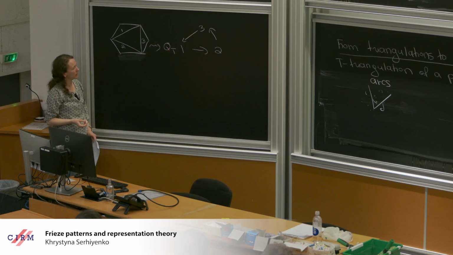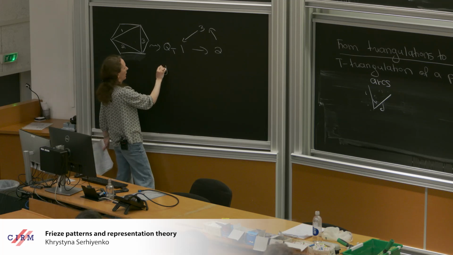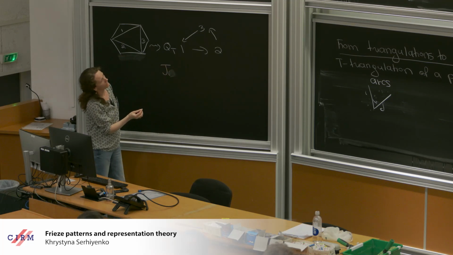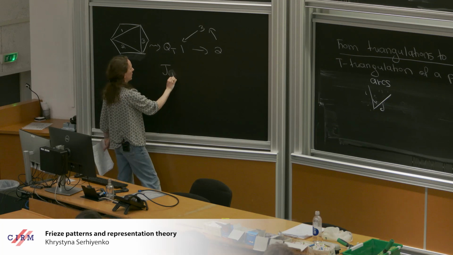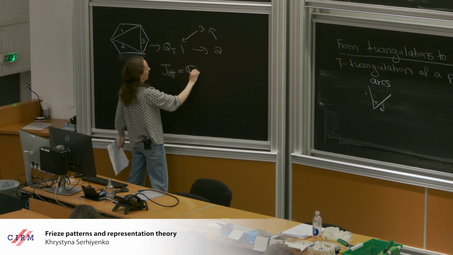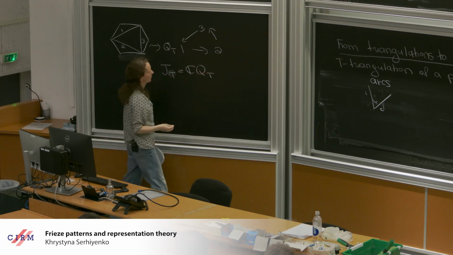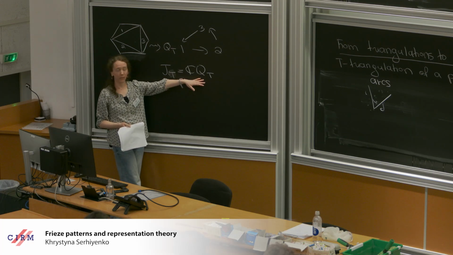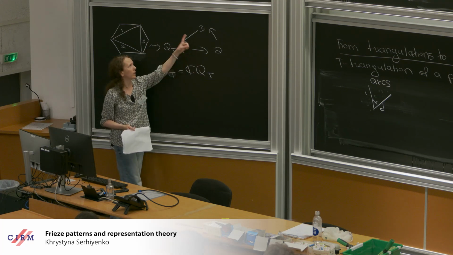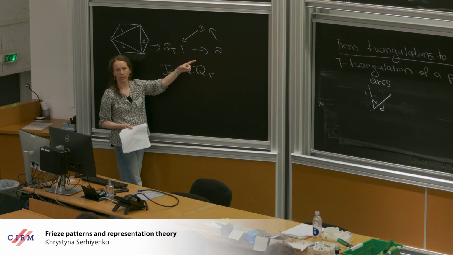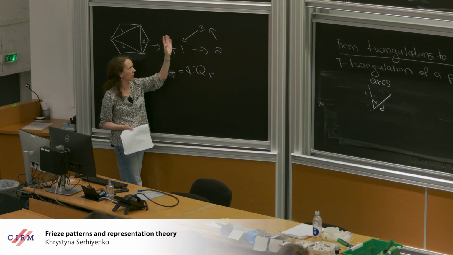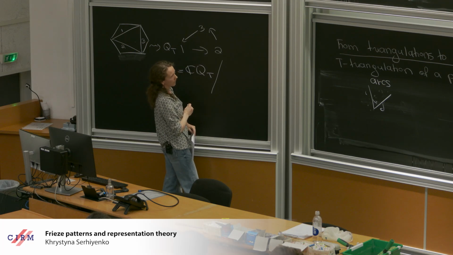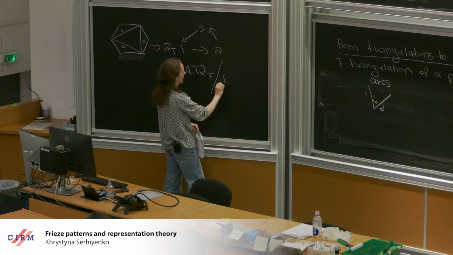Now you do have cycles, and then you have to do a little bit more. The Jacobian algebra, J sub t, is the path algebra of the quiver. If I just did this, the algebra becomes infinite dimensional, because there are infinitely many paths in this quiver, since you can go as many times as you want around a cycle. It turns out that to make everything work, you have to quotient out by an ideal.